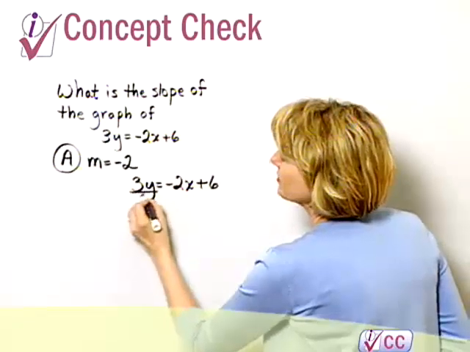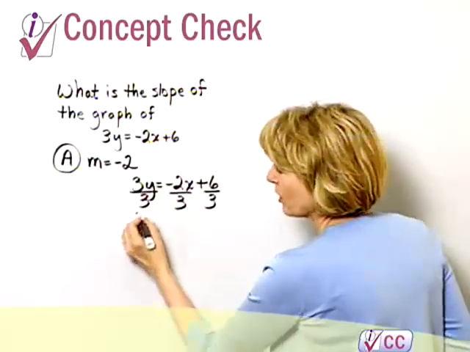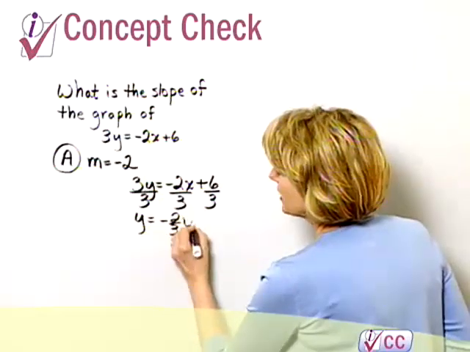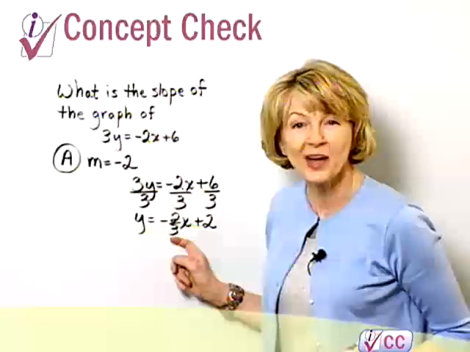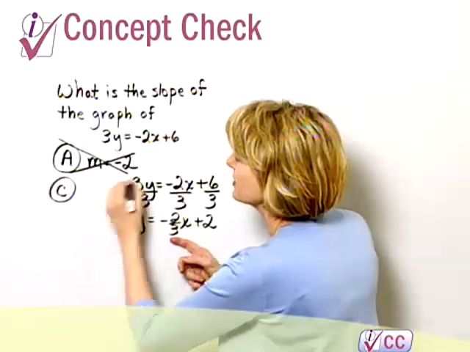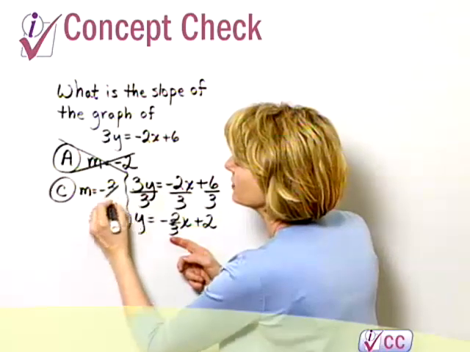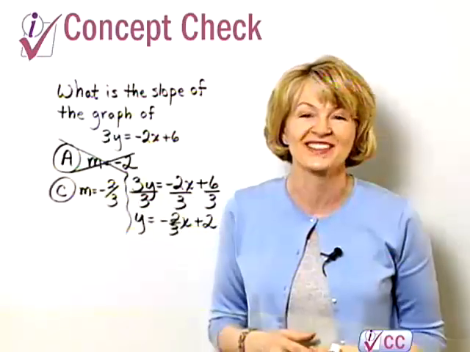We divide every single term by 3, the coefficient of y, and then we have y is equal to negative 2/3 x plus 2. So the slope of that equation is negative 2/3. The correct choice is choice C. Slope is negative 2/3. Once again, C is the correct choice.